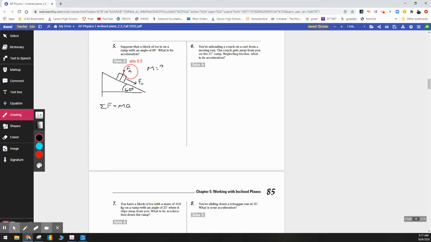Remember, this is the X component and this is the Y. So we'll get into two-dimension vectors later on, but we don't need to do it right now. Since there's no friction, we only care about the parallel force here. So this is the only thing we're worried about, the parallel force or the component of parallel force.